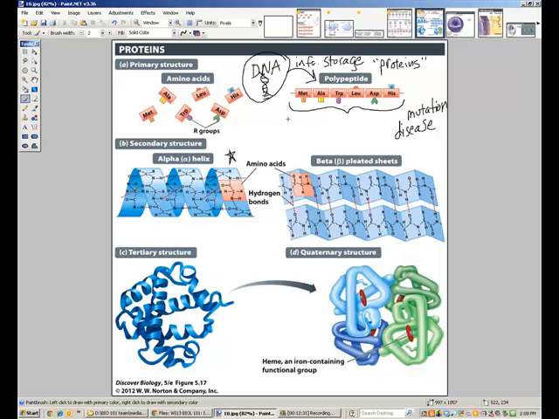Okay, so let's go back here. This is the primary structure of a protein, and this is called a polypeptide chain. Here you can see the secondary structure of a protein, which we're going to call alpha helix and beta sheet.